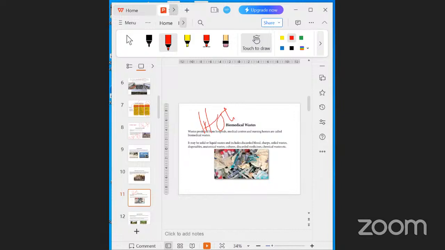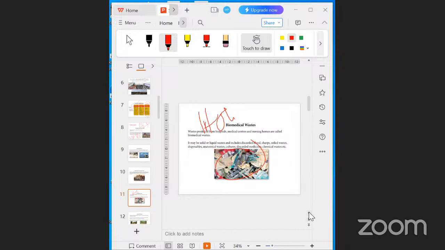So it may be solid or liquid waste, and it includes discarded blood, sharps, soiled waste, disposables, some anatomical waste, cultures, discarded medicines, and also other chemical wastes, right?